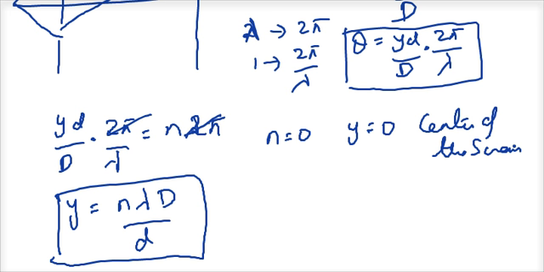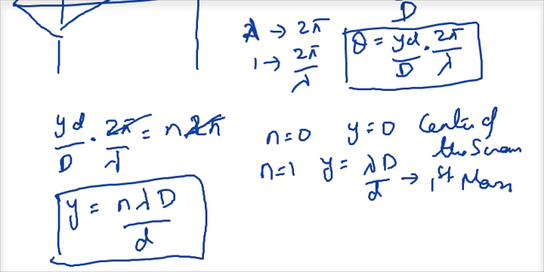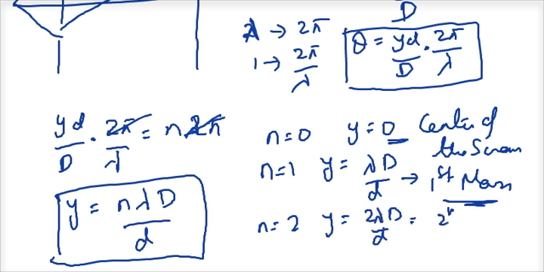So the center of the screen has a maximum. The next point I can talk about is n is equal to 1. That means y is equal to lambda D by d. If y is equal to lambda D by d, this is the place where I have the first maximum. This is called the central maximum, this is called the first maximum. If n is equal to 2, y is equal to 2 lambda D by d, I have the second maximum.